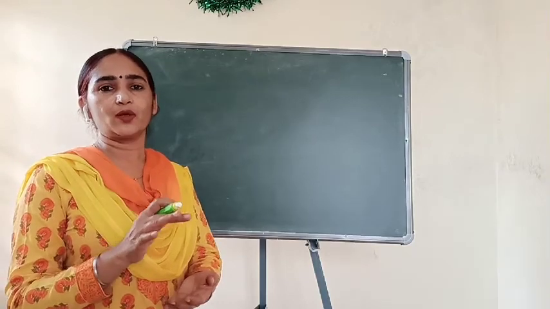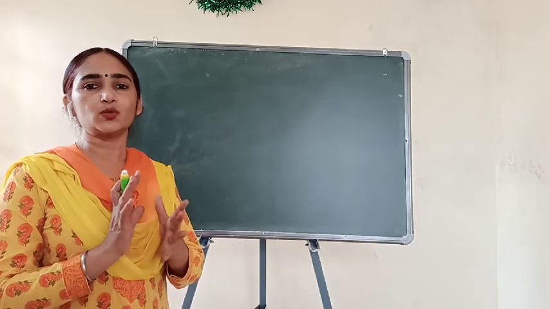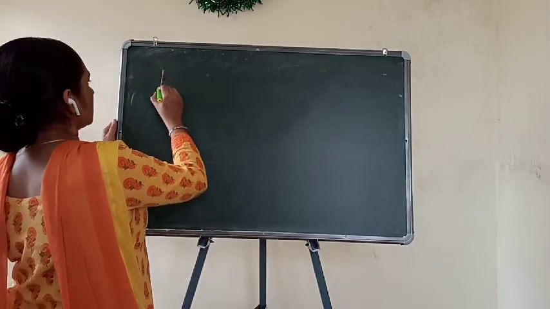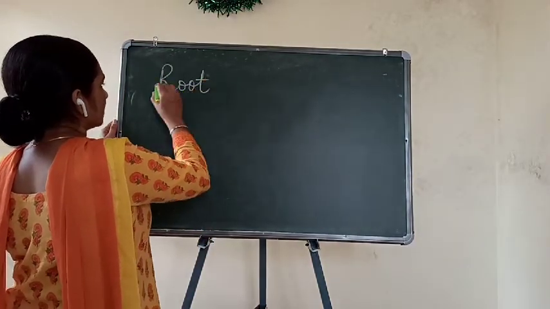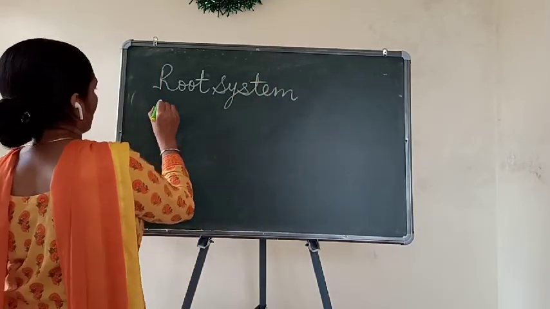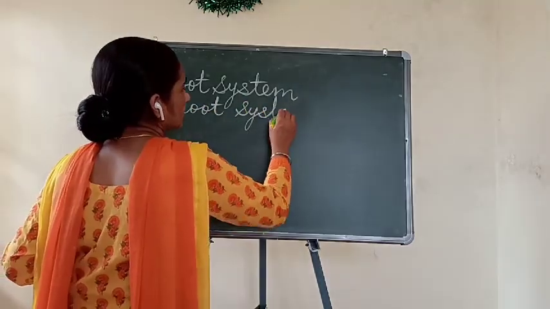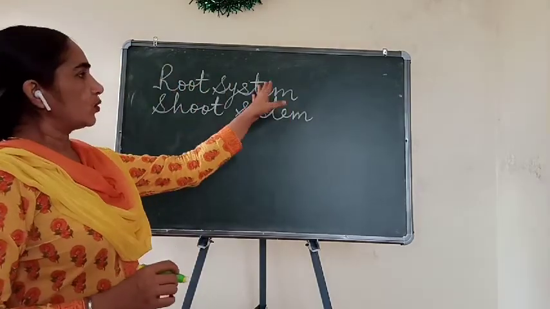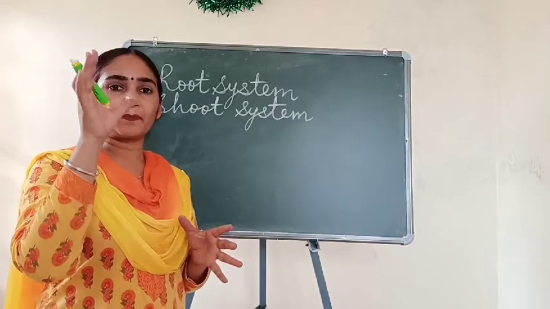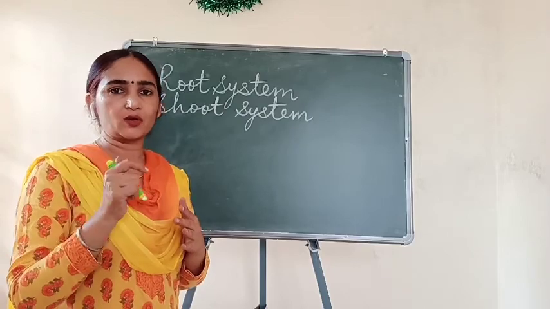In the last video and last class, I explained the two main systems of the plant body, which are the root system and the shoot system. Children, under the root system, I showed you a plant in the last class, and I showed you its different parts also.